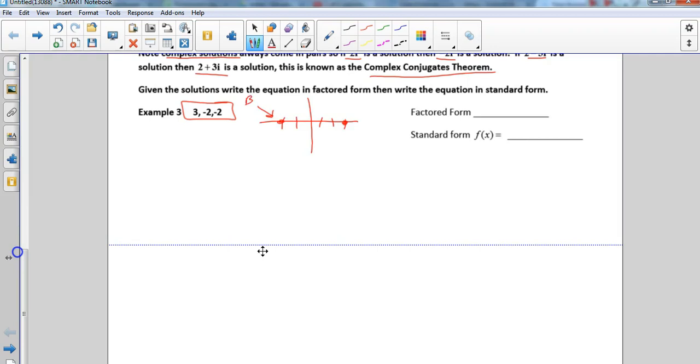Okay? So what we do is we write it in factored form, which is x minus 3 and x minus negative 2, which is x plus 2, squared. Or we can expand that and say x plus 2, x plus 2. That's up to you.